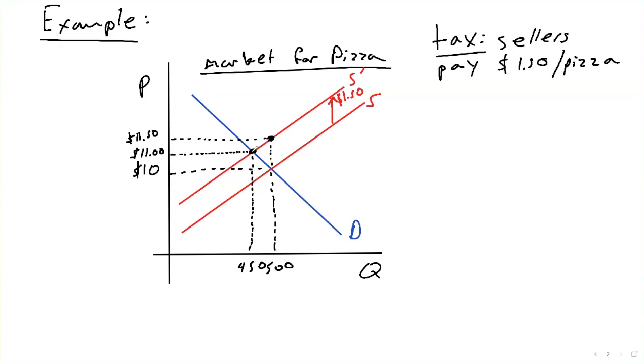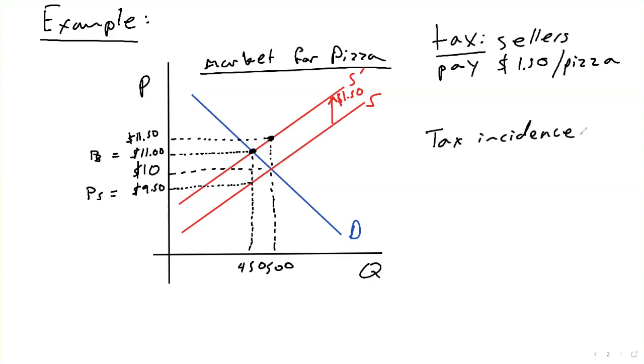And to know how much the seller receives, follow this point down till it hits the old supply curve and then bring it over. And this is actually going to be $9.50. The tax incidence in this case is exactly the same. The buyer pays $11, the seller receives $9.50.